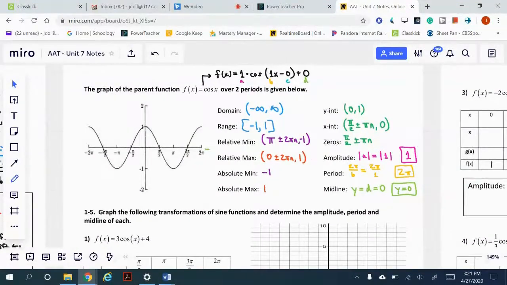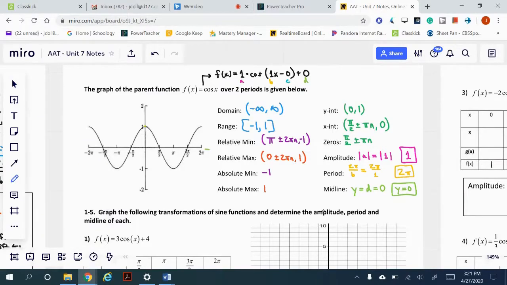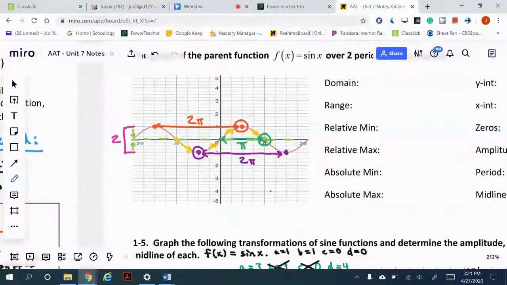Notice, when we talk about having a period and an amplitude, where we start and where we end are no longer x-intercepts. Previously, on the parent function for sine, a period began and ended with an x-intercept.